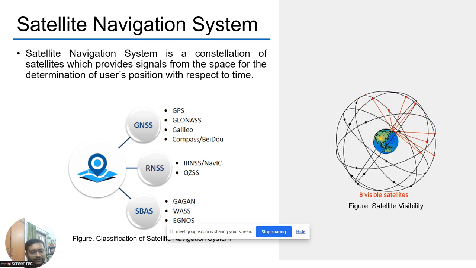But have you thought about how that GPS works? Any idea on that? So what I'm asking is, when you are using the GPS through your mobile phones, do you know how it works?